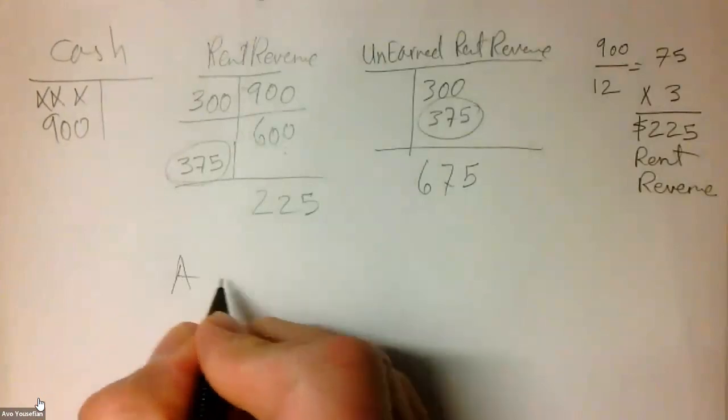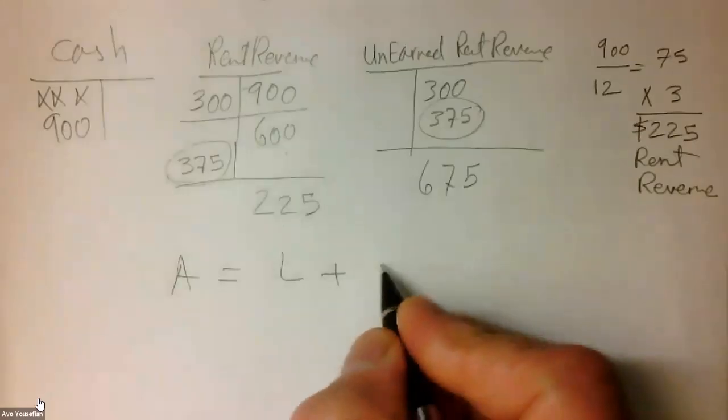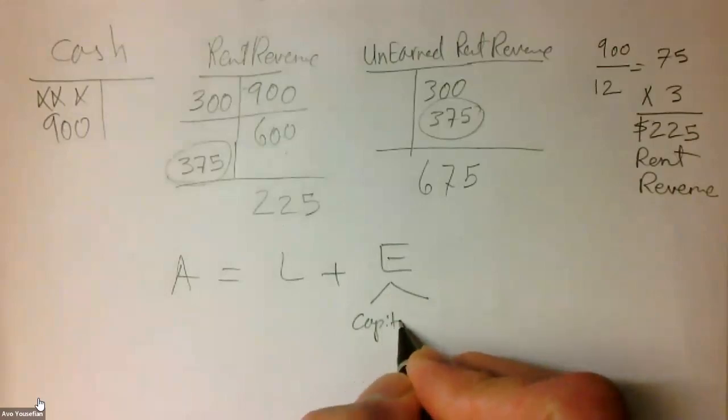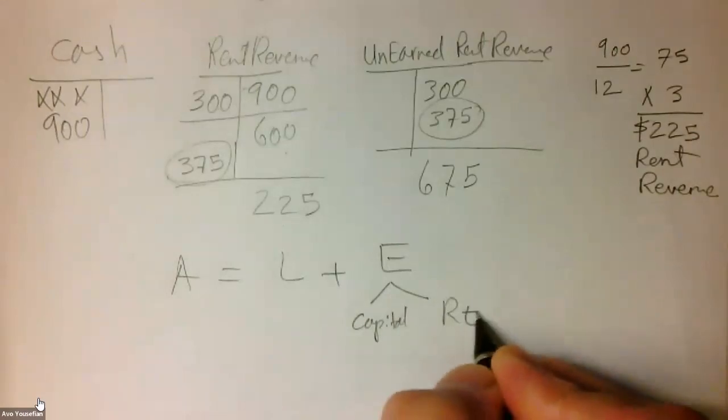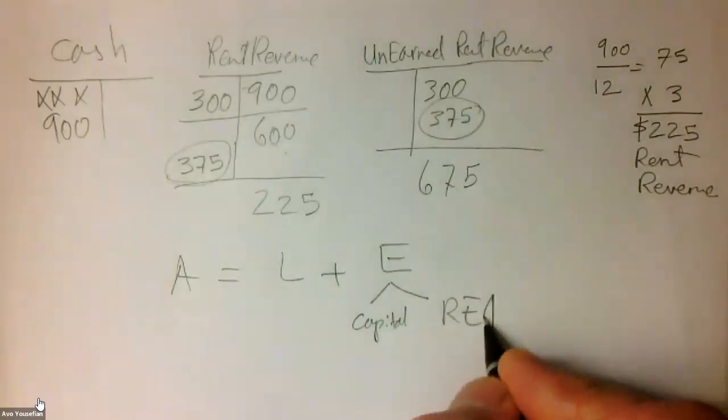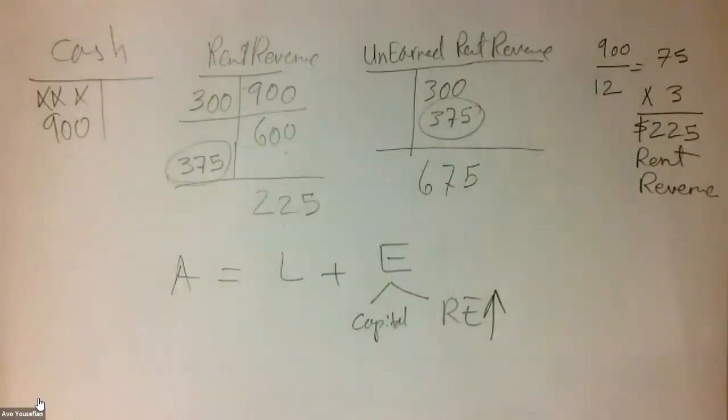So if you don't do this, what would happen? This is capital and this is retained earnings. Rent revenue will be overstated. If rent revenue is overstated by $375, then your net income will be overstated. And if net income is overstated, then your retained earnings will be overstated in the balance sheet.